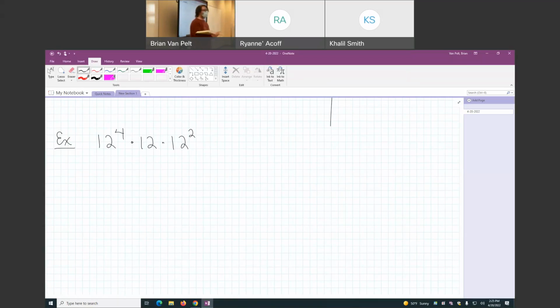I'd like you to rewrite that as 12 to a single exponent. But what do you have? You have 4. 4 plus what?